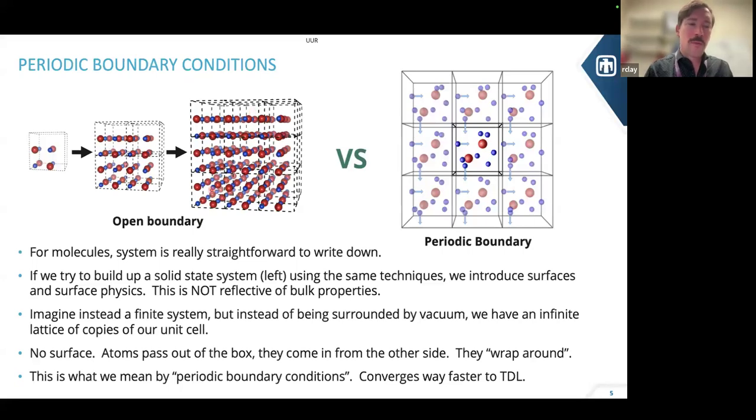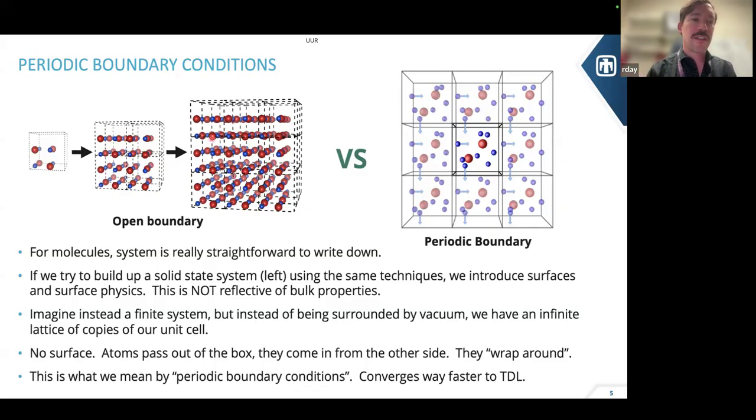So the problem with this, though, is that more often than not, we're interested in bulk properties of the material. So we're interested in the conductivity, the bulk modulus, the equation of state. And in a glass of water, the surface effects are not really that big of a deal for determining those properties.